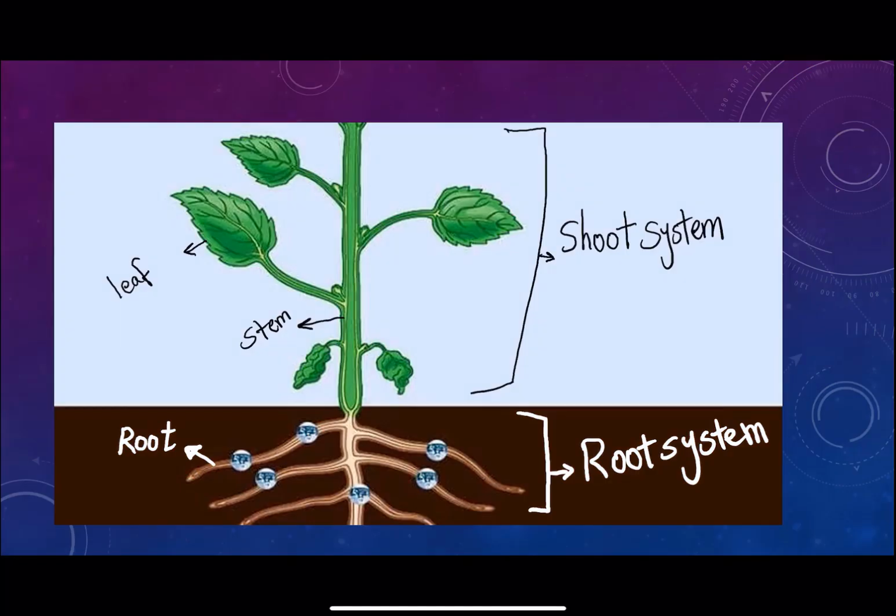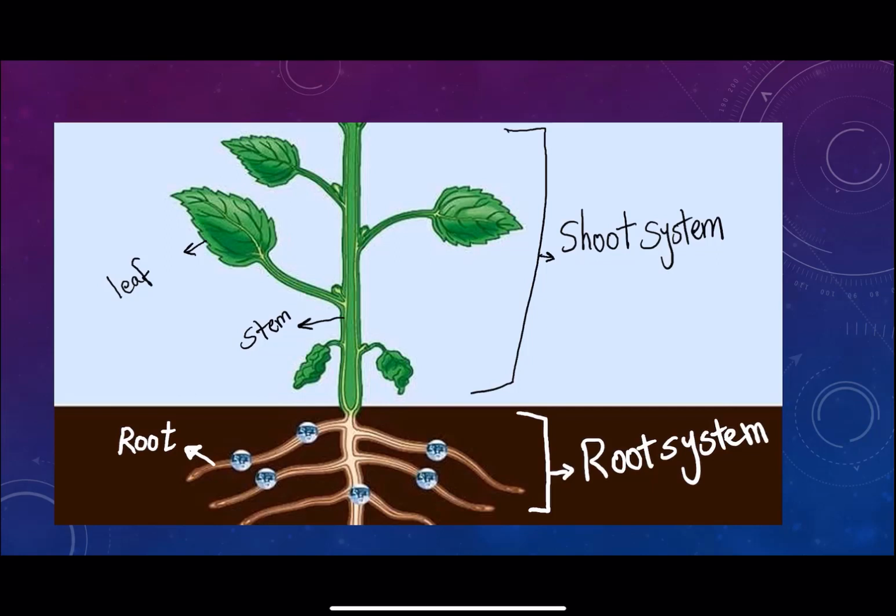Let's apply this information also on the plant body. We will find that the plant body consists of two systems, which are the shoot system and the root system.